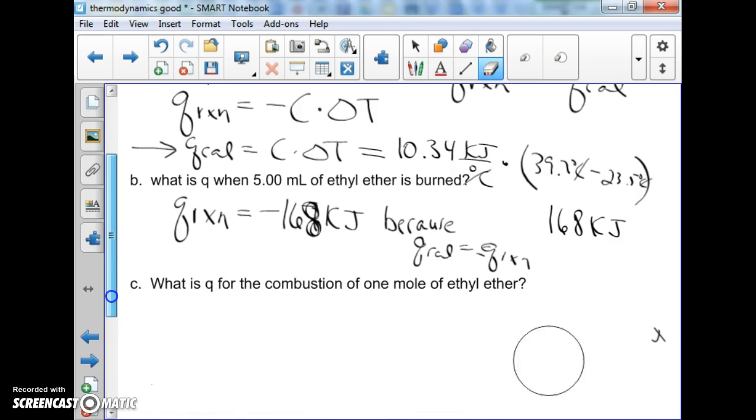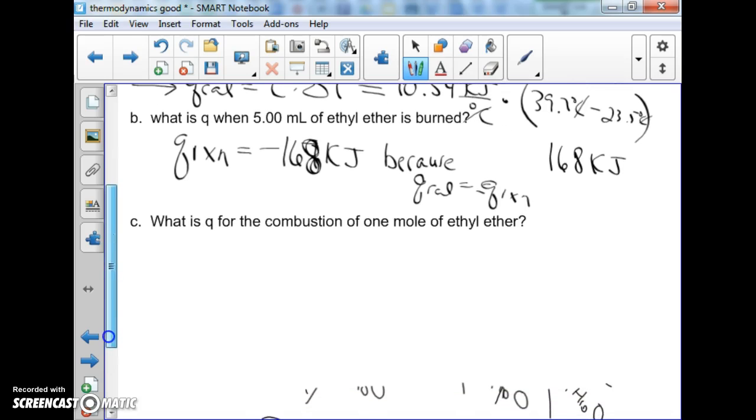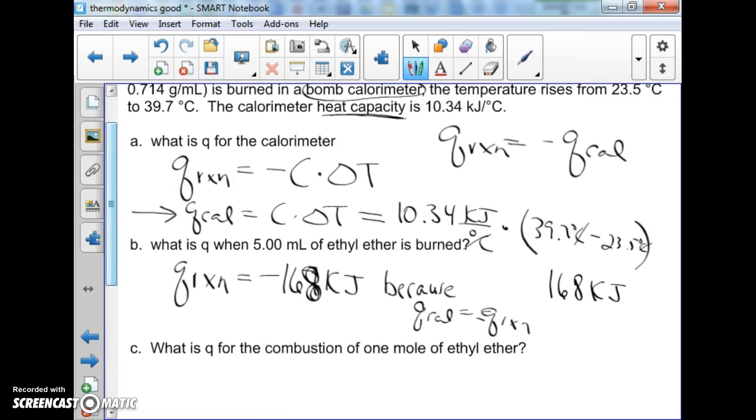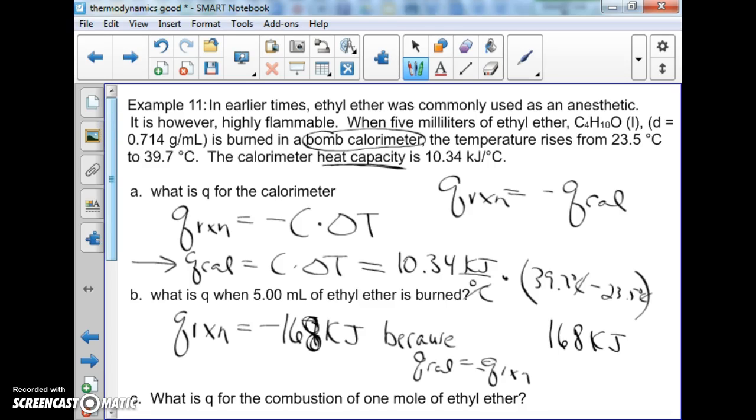Part C is very similar to what we did yesterday, where we now have a relationship that we've established. That relationship is between the kilojoules and what? Well, we know when it reacts, it has negative 168 kilojoules. So that reaction produced a negative 168 kilojoules when I use 5 milliliters of ethyl ether.